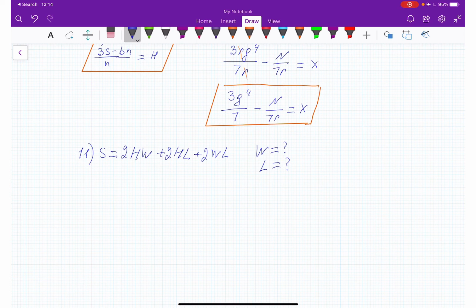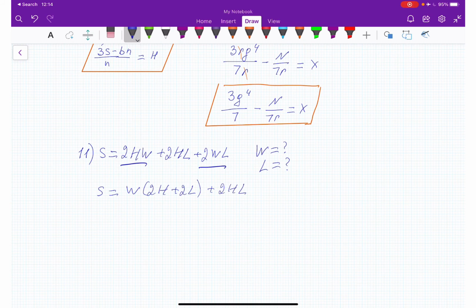Since we are solving for W and I have W in two terms here and here, I want to get the common factor out. So S is equal to W taking out, I will have 2H plus 2L, and plus 2HL.